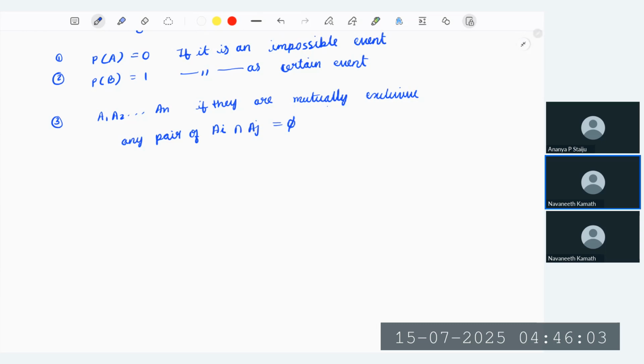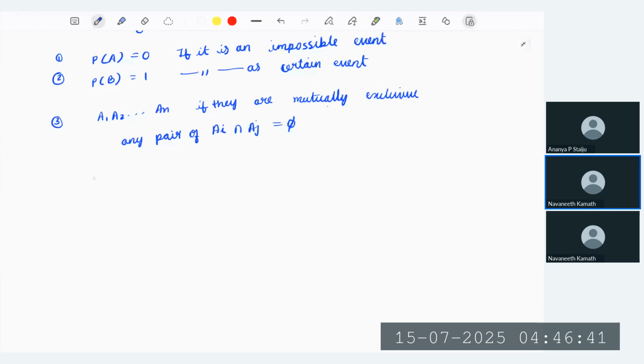So if I have some n events on a sample space which are all mutually exclusive, then the intersection of any pair of two events in that set will be a null set again. Okay, so that is one thing.